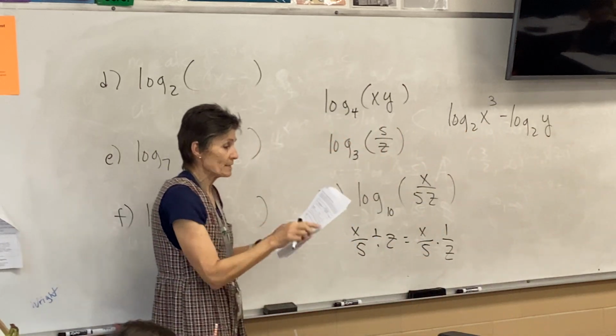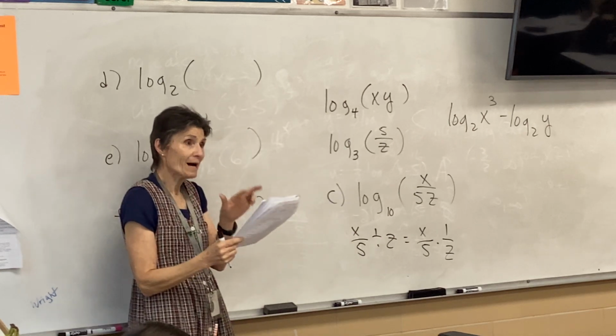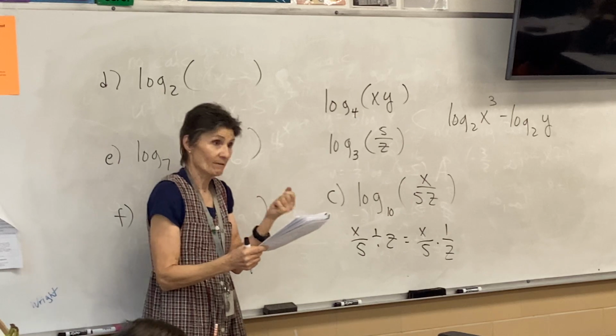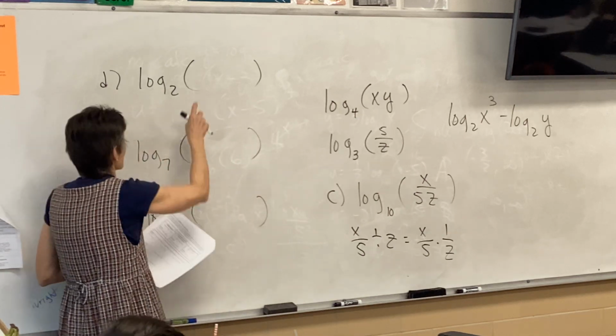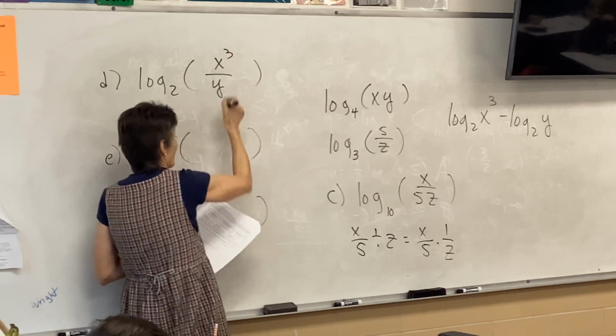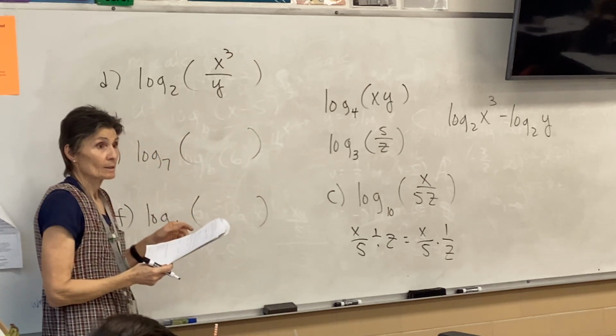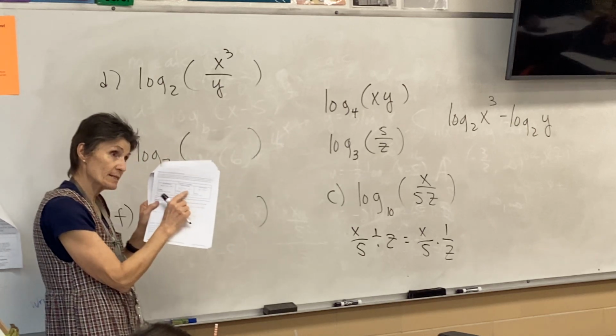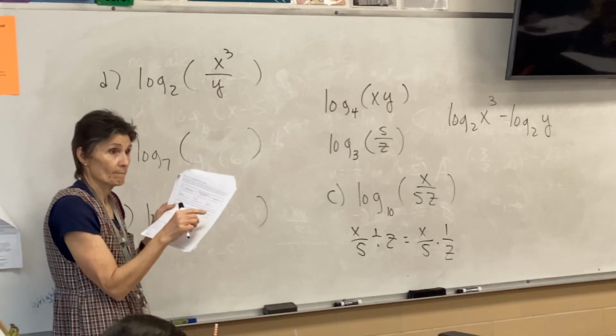So look at your properties again. When logs are minus each other, the numbers are divided. So in here, we're gonna have x cubed divided by y. You got your properties right there, right? You see them? So we're using those.